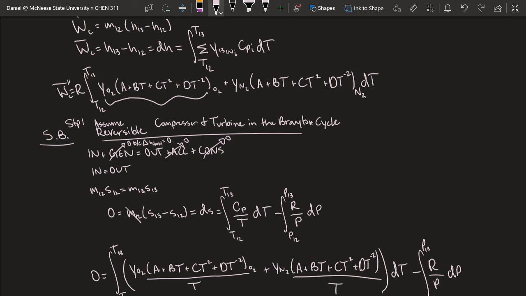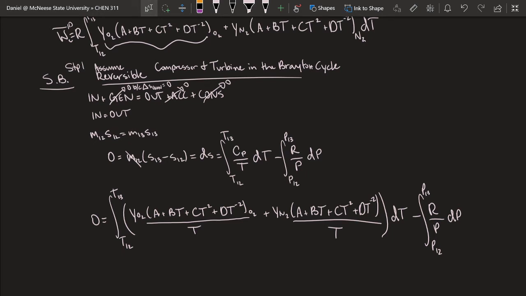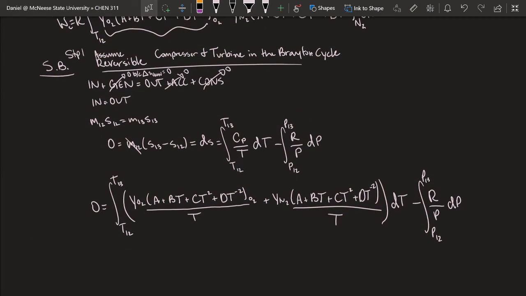Okay, so this is the work of the ideal pump. Once you solve for the work of the ideal pump, after you get T13, you rearrange the entropy balance, so you solve this for T13. And that's technically the ideal temperature for an ideal pump.